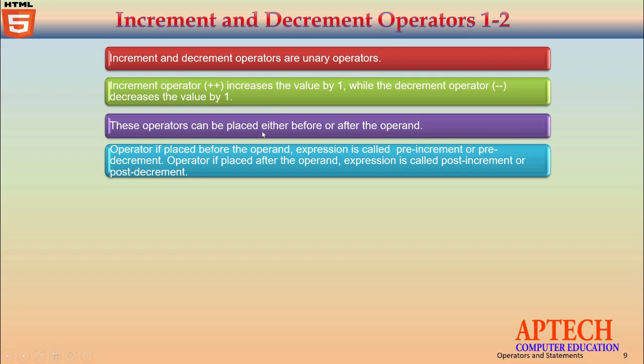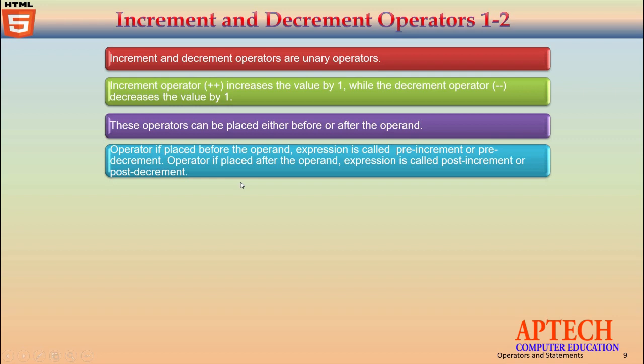These operators can be placed either before or after the operand. If the operator is placed before the operand, the expression is called pre-increment or pre-decrement. If it is placed after the operand, it's called post-increment or post-decrement.